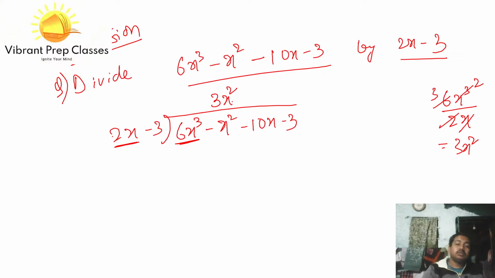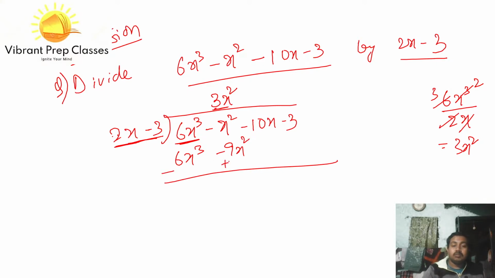Here both terms of 2x minus 3 will be multiplied with 3x². So 2 into 3 is 6x³, and minus 3 into 3 will be minus 9x². Then we do the subtraction, plus minus, minus and plus. So 6 minus 6 is 0, we will cancel. Minus 1 and plus 9 is plus 8x².